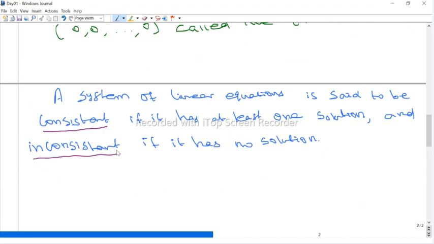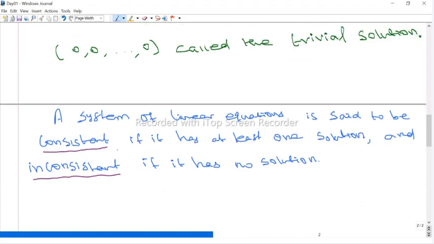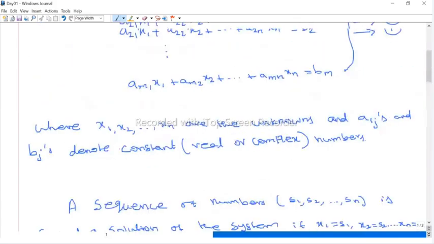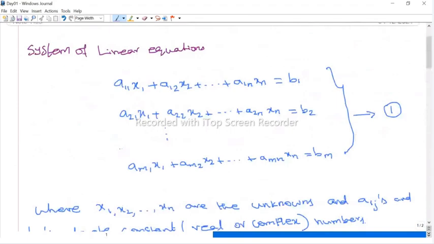Now, how to solve or find the solution of the given system of equations? This is very difficult to look at, with m equations and n unknowns. So we have to simplify this system of equations to a simpler equation, called a matrix equation.